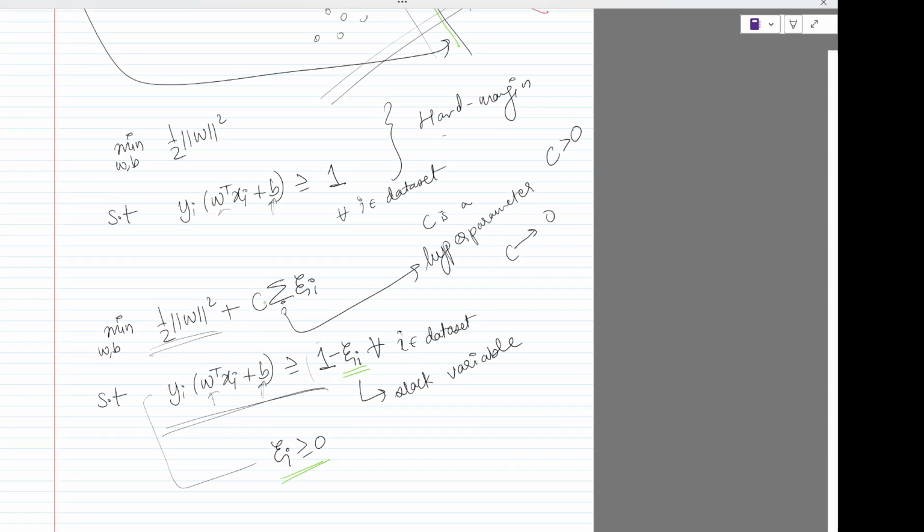So the changes that were made were this and this. If you add these things, then it becomes the soft margin SVM. This is more used in practice compared to hard margin SVM.